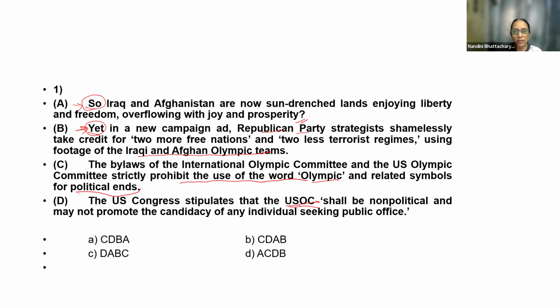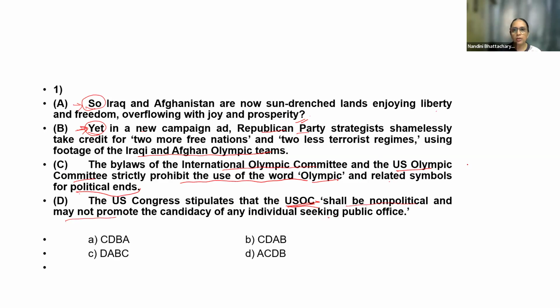So any sentence that has the full form will come before this. Here is your full form. The US Olympic Committee, that is the full form. The US Congress stipulates that USOC shall be non-political and may not promote the candidacy of any individual seeking public office. So now, what is the main idea of the passage?